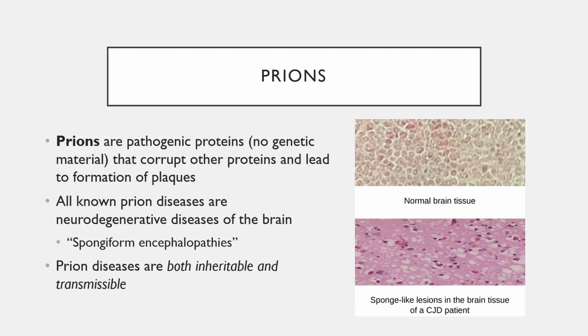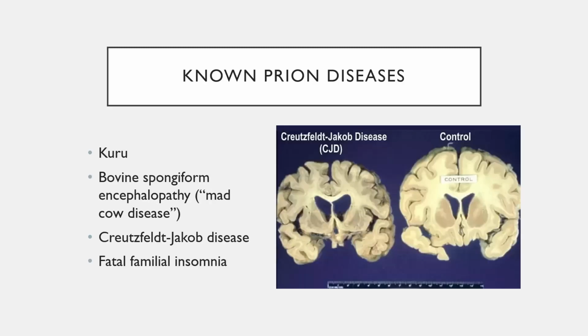Some examples of known prion diseases include Kuru, bovine spongiform encephalopathy or mad cow disease, Creutzfeldt-Jakob disease, and fatal familial insomnia. Here on this slide, we can see a brain that has been affected with Creutzfeldt-Jakob disease and developed that spongy texture versus a control brain.